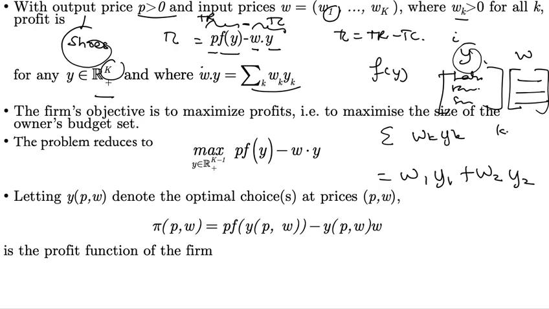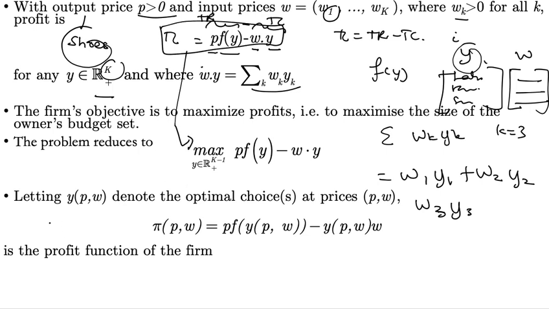And then if we have k up to 3, the price of input number 3 multiplied by how many of input 3. So here the profit maximizing problem can be rewritten this way as well. They are the same thing.